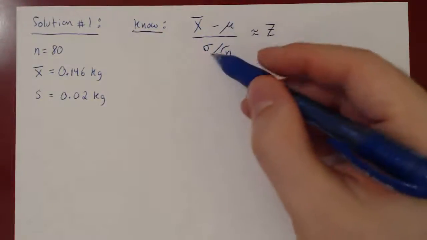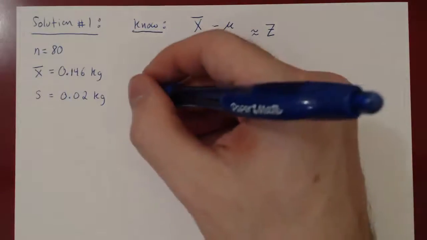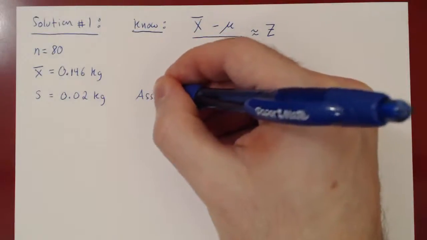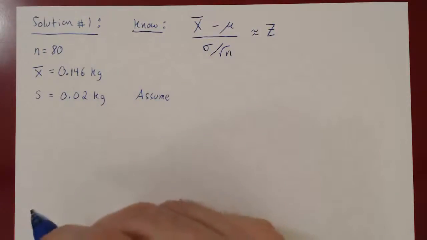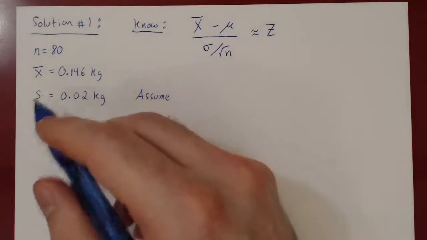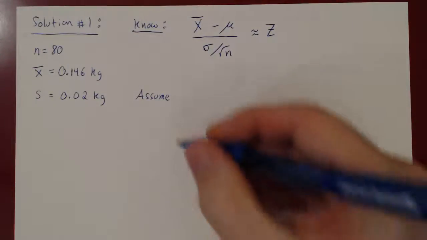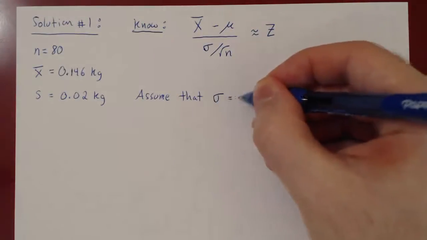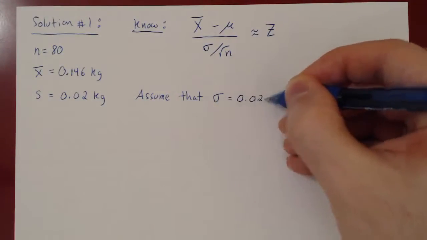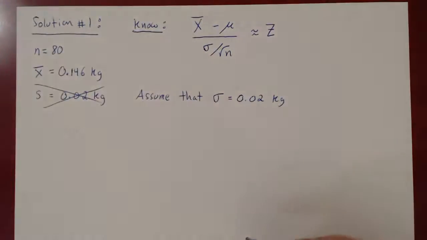And if you look at our statistic, there's sigma here, but we don't know sigma. So here we'll cheat. We'll assume that 0.02 kilograms is not just the sample deviation, but actually the population standard deviation. And so we are cheating.